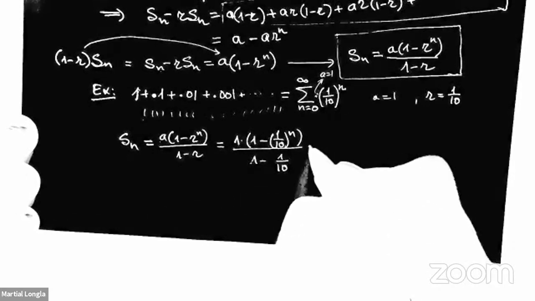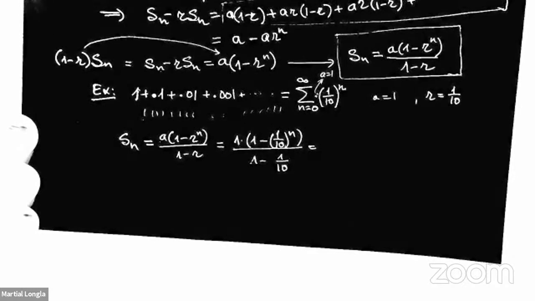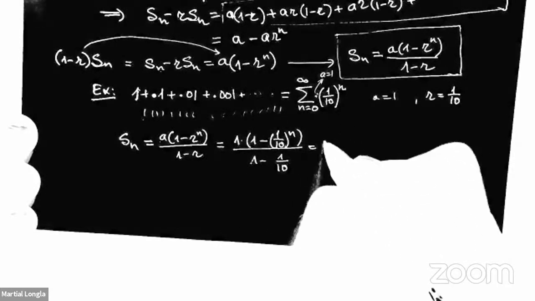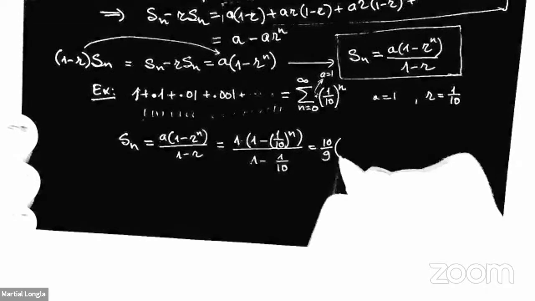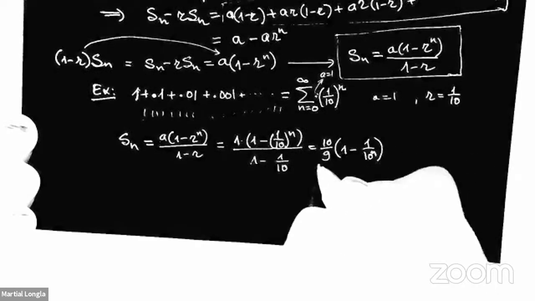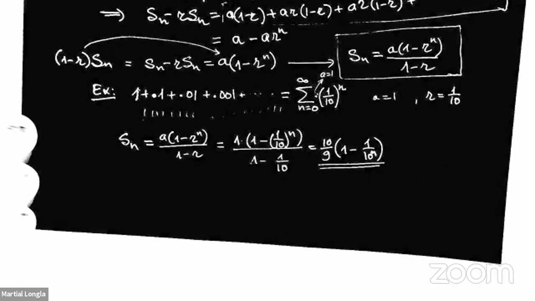So this is what Sn will be. And then you can do the algebra here. You're going to get that this is 10/9 times 1 minus 1 over 10 to the power n. So that's what Sn will be in this problem.